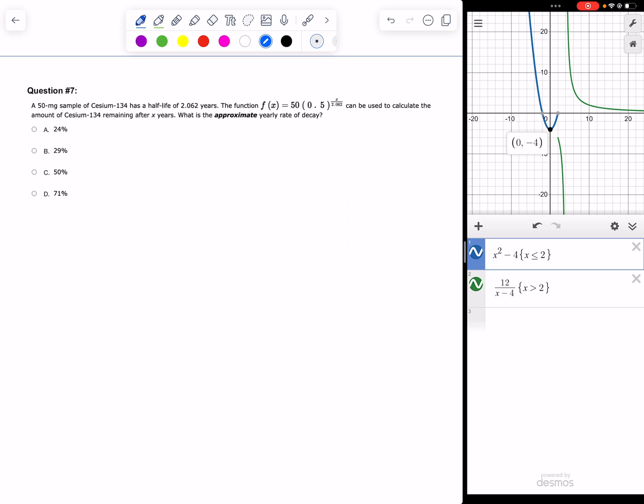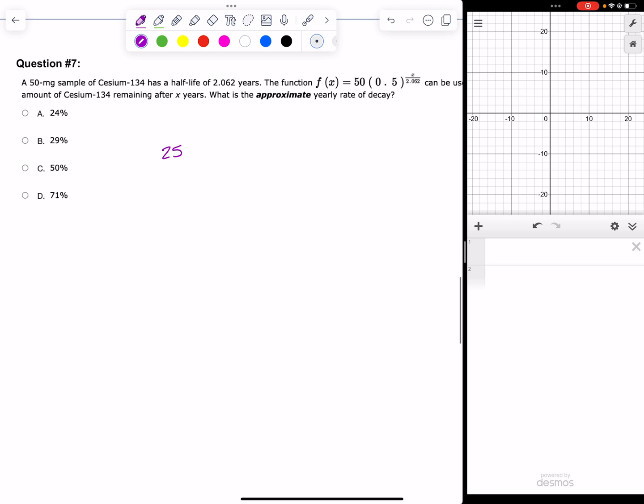All right, so what I did was I took the function they gave me. We'll just leave Desmos there, but clear that out for now. Actually, let me just write the original one they gave me. So f of x is equal to 50, 0.5 is my base, and then I have time over half-life, which is 2.062.